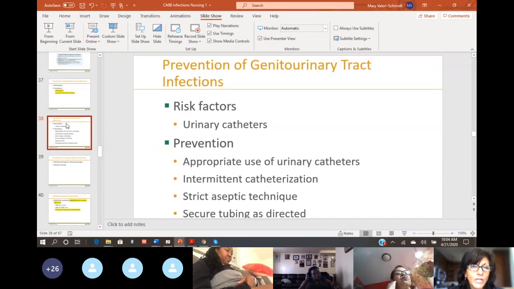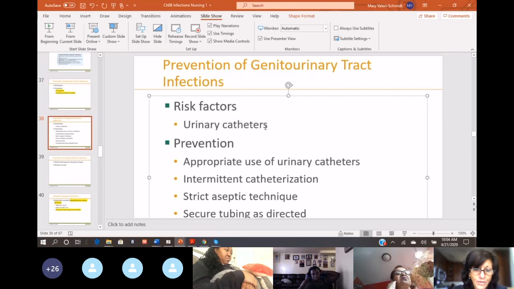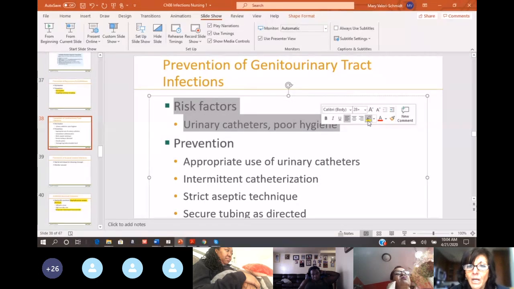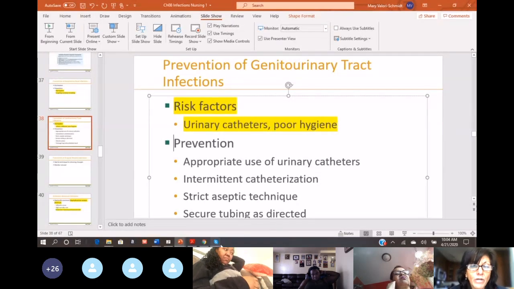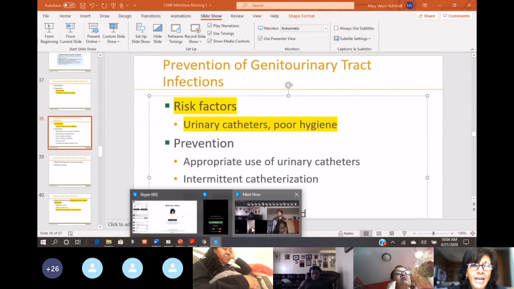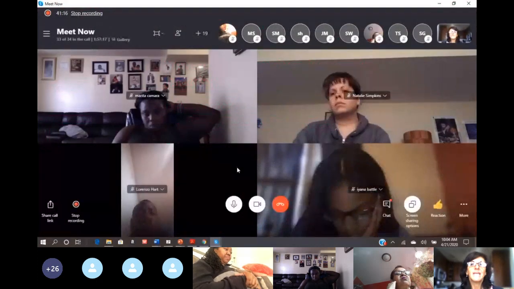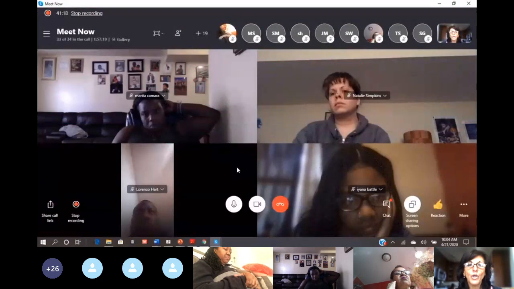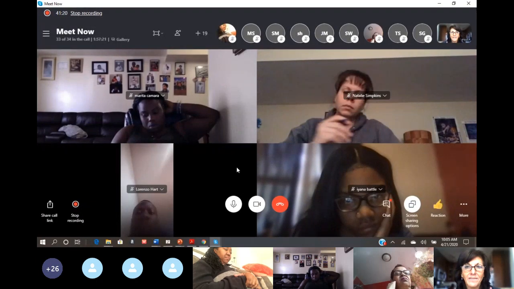All right, so for urinary tract infections, let's do this. Risk factors are urinary catheters, and then I'm going to say poor hygiene. So let's highlight this. The most common urinary tract infection in a nursing home is E. coli, Escherichia coli in older ladies.